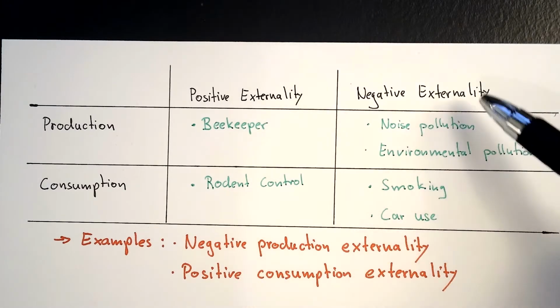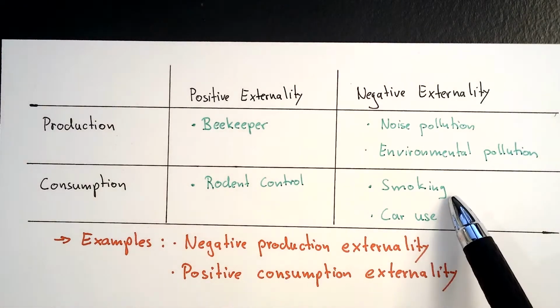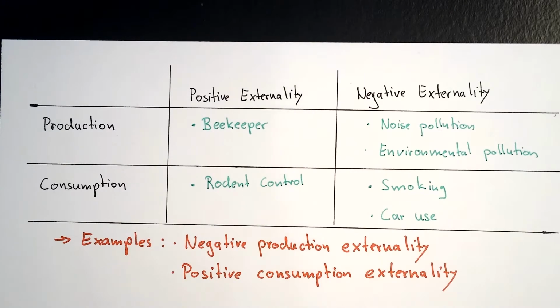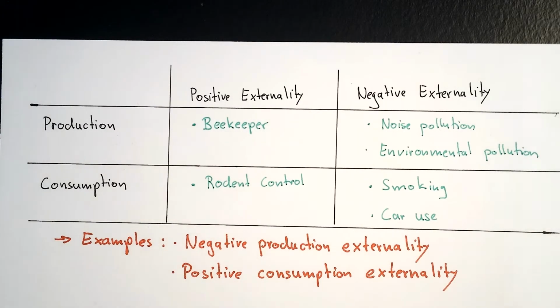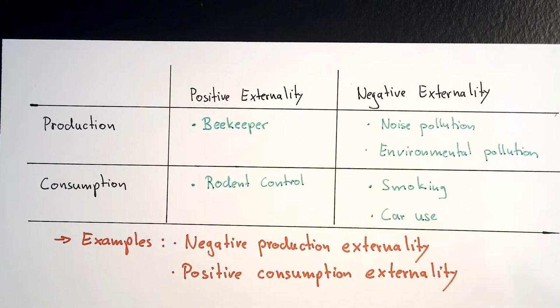Now, a negative consumption externality is if a consumer engages in consumption that has negative effects or costs on other people. So here, the prime example is smoking or secondhand smoking, in the sense that if you have a smoker, a consumer of cigarettes in this case, then the negative consumption externality is in terms of secondhand smoking and negative health effects on non-smokers.